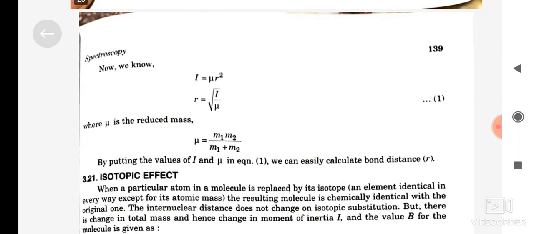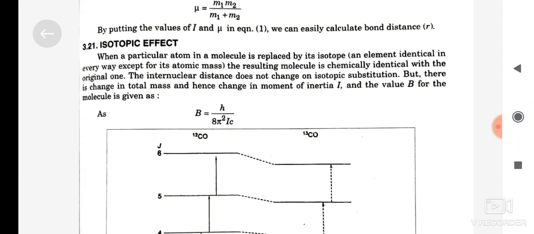As we know that I = μr². So r = √(I/μ), and μ is the reduced mass. By putting the values of I and μ in equation 1, we can easily calculate the bond distance.